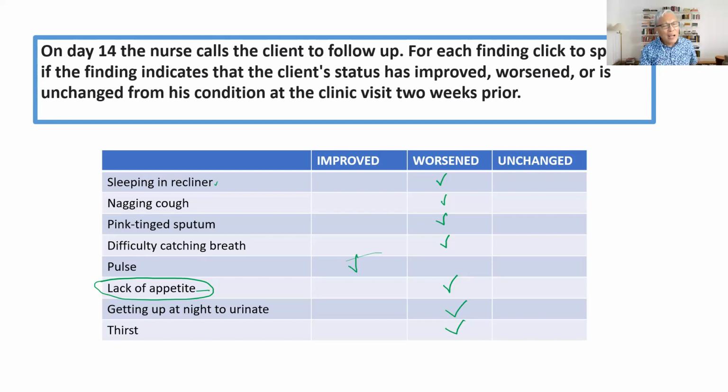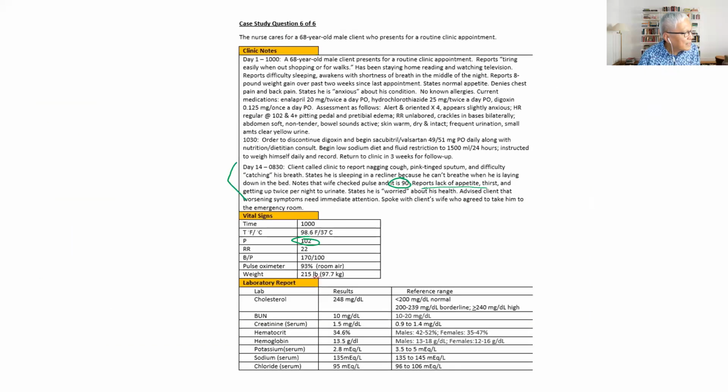Okay. All right. So that ends. I have a question. Yeah, go ahead. Why is it not unchanged for lack of appetite? Why is it worsened? Because you remember lack of appetite is a sign that you are having heart failure, isn't it?